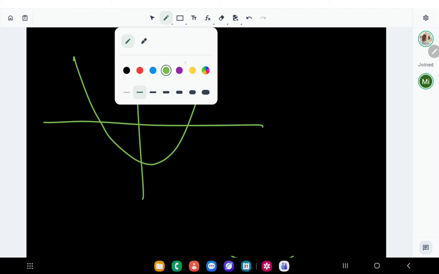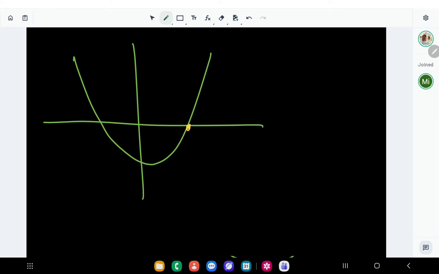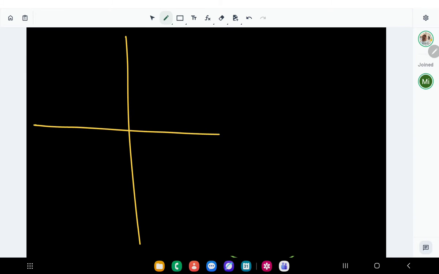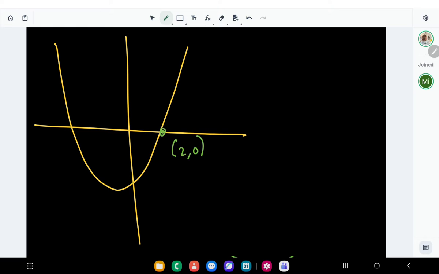Let me show you. What if you're given this parabola? Let's say we're given the x-intercepts and a y-intercept, with points here and here.